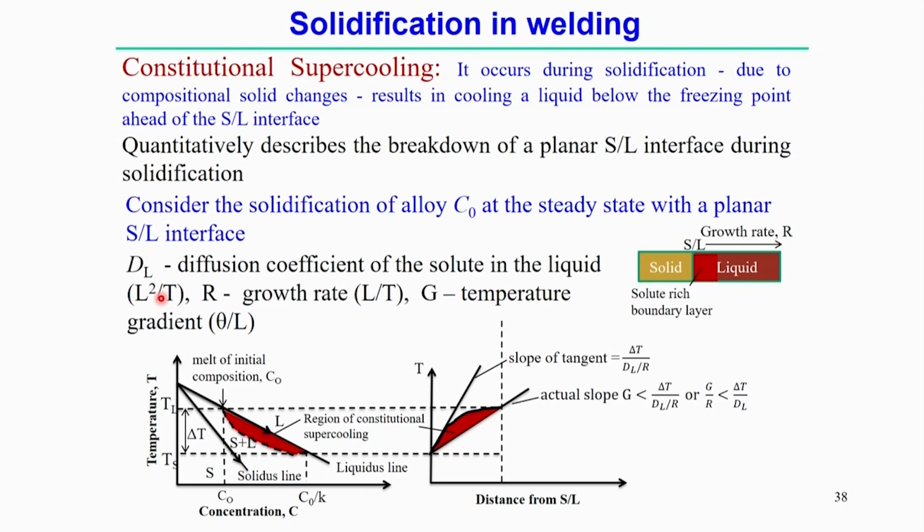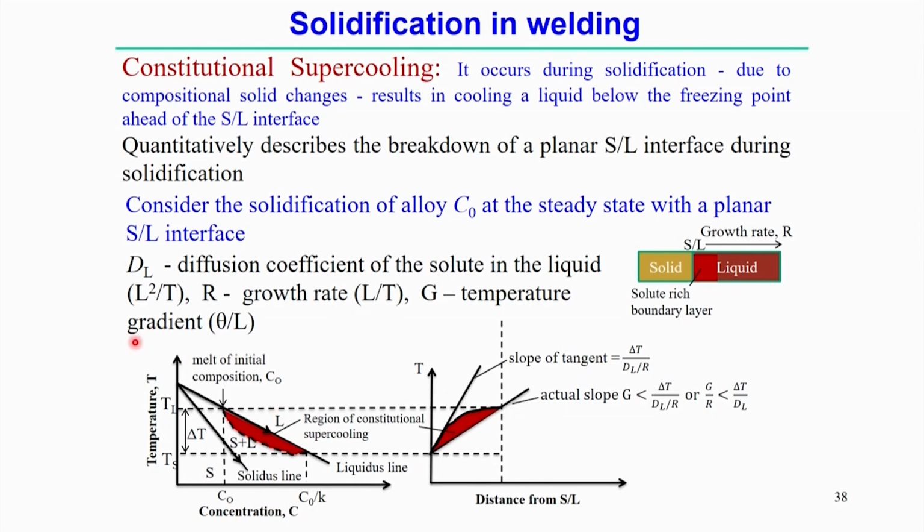So, mainly it represents the diffusibility of the solute in the liquid metal. Another parameter used to describe the solidification behavior, specific for the alloy material, is the growth rate. The unit is length per unit time. And then the temperature gradient.